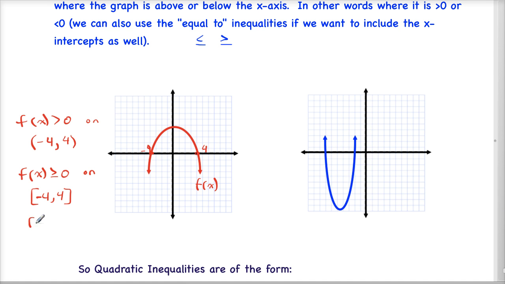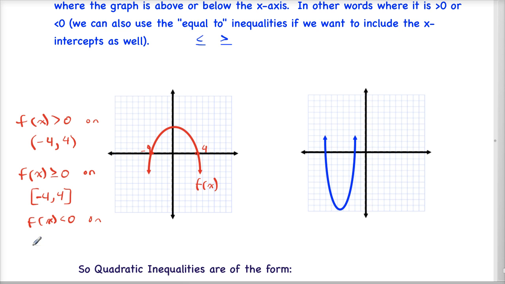Now, where f of x is less than 0, is actually split up into two intervals, right? Because all the way from here, from negative infinity up until I hit negative 4, it's going to be down here below the x-axis. Then it cuts above, and then over here it's again back below.